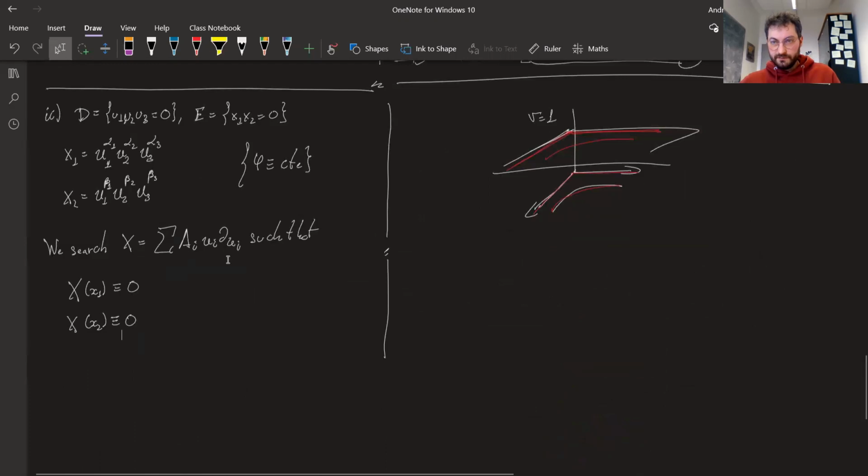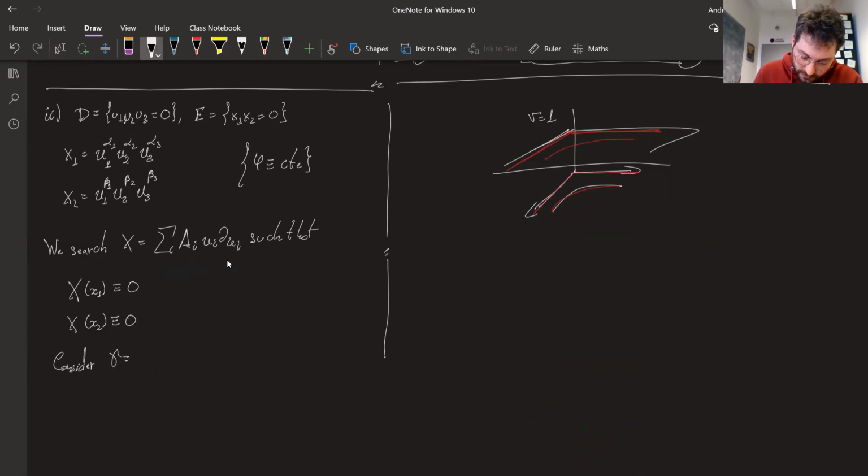So in here, to generate this vector field, we can do the same trick. We consider gamma equals this alpha, beta, right?